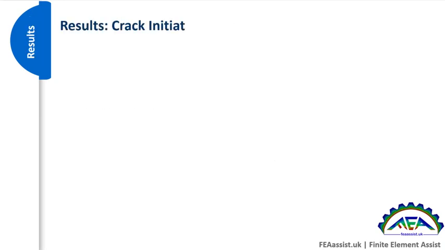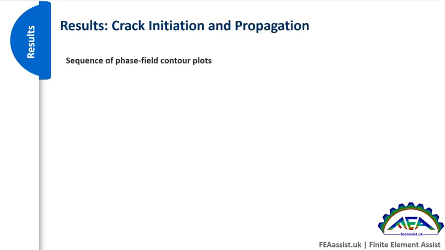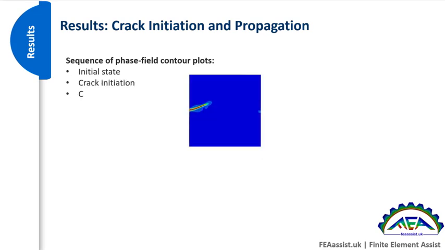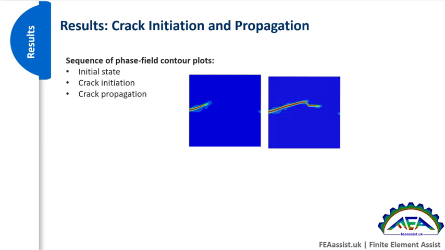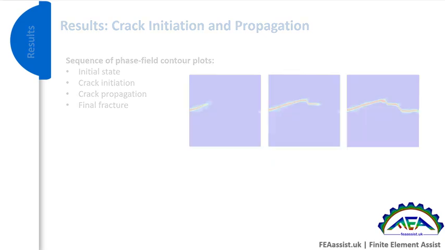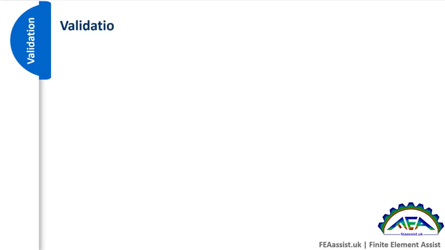Results. Crack initiation and propagation. Sequence of phase field contour plots. We have the initial state, crack initiation in this image, crack propagation in the next image, and final fracture in the third image. Validation.